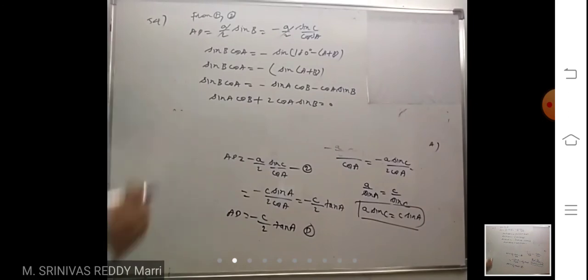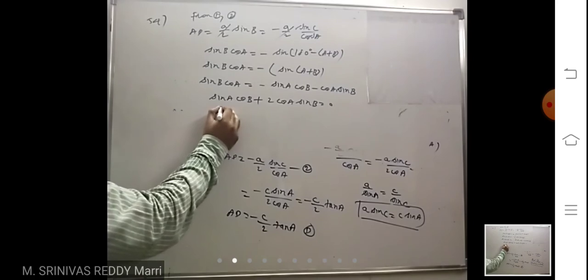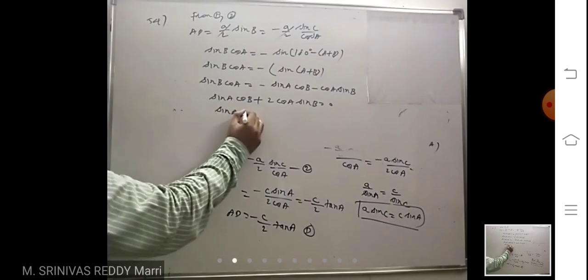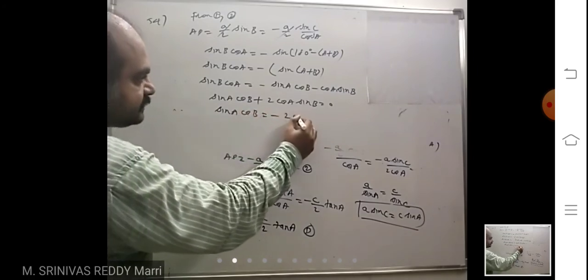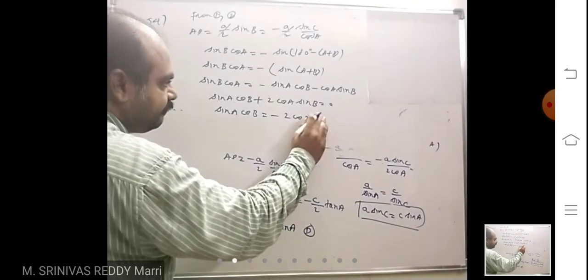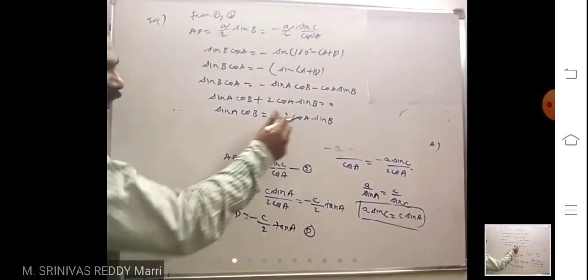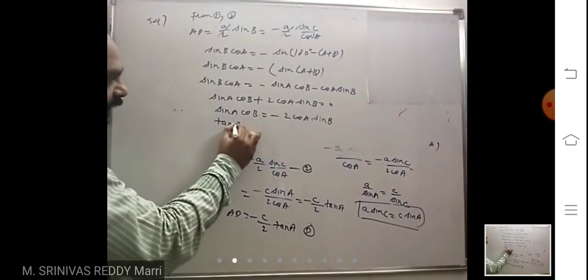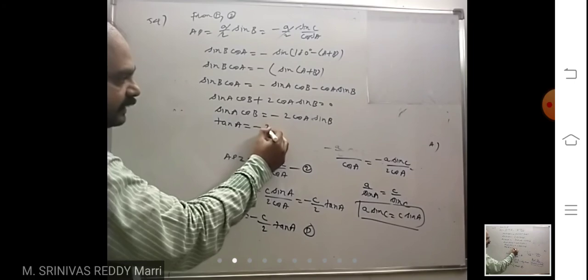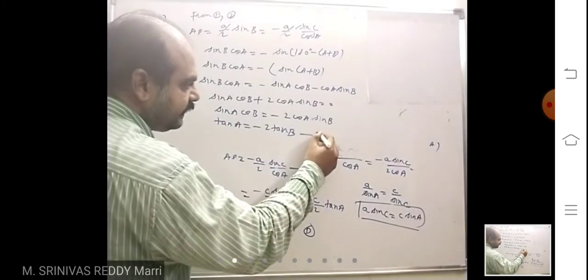So that means sin A cos B equal to minus 2 cos A sin B. Cos A bring this side and cos B bring that side. You will get tan A equals to minus 2 tan B. Let us say third equation.